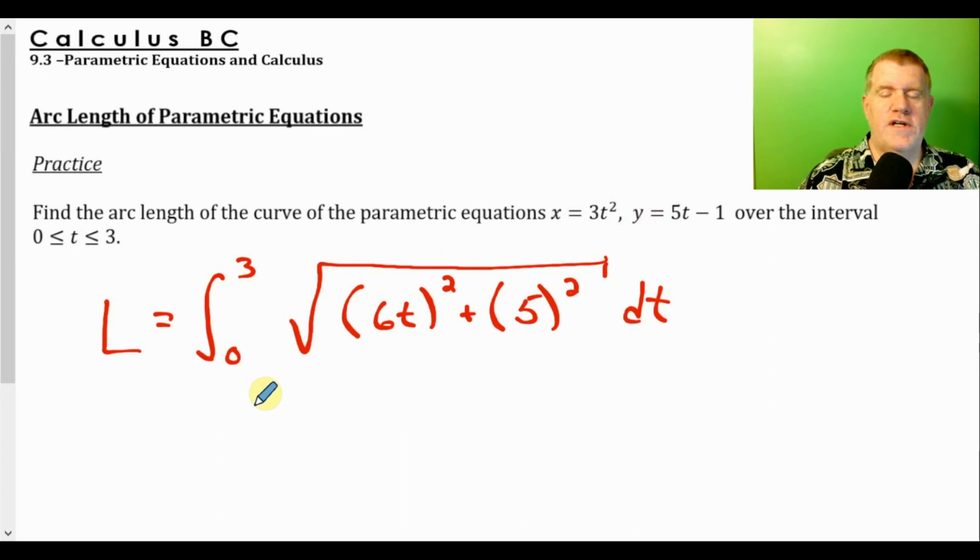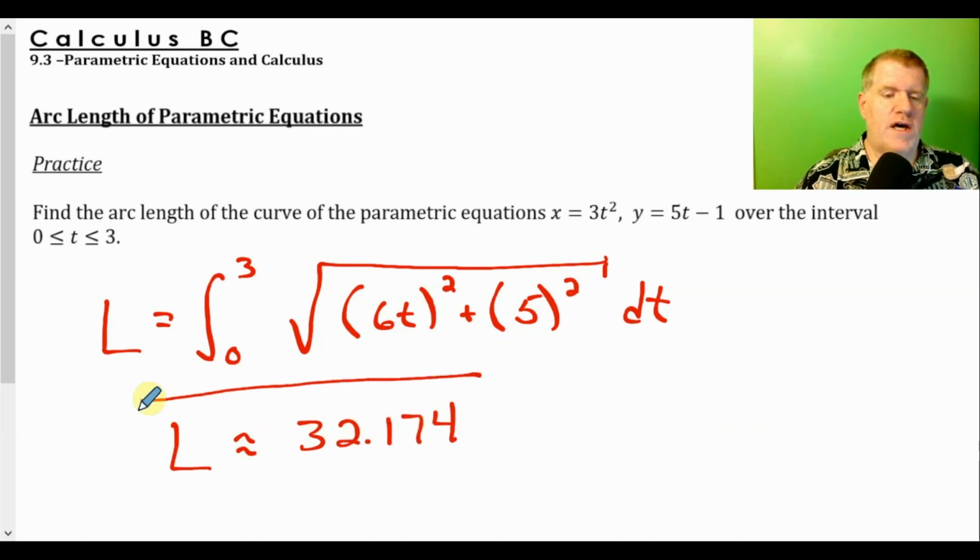Now you guys know how to take integrals. This is not right now about how you do integrals. In fact, I made this problem up, so I don't even know if you can take the integral of it. So I'm just going to throw it into a calculator, and I'm going to get this answer. It's approximately how long that line is.